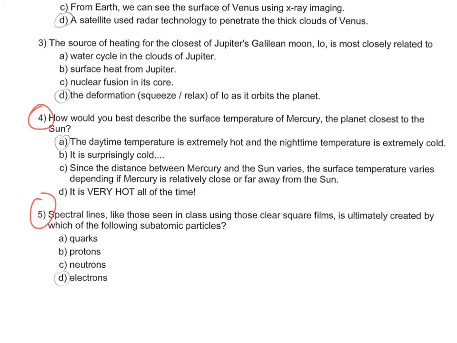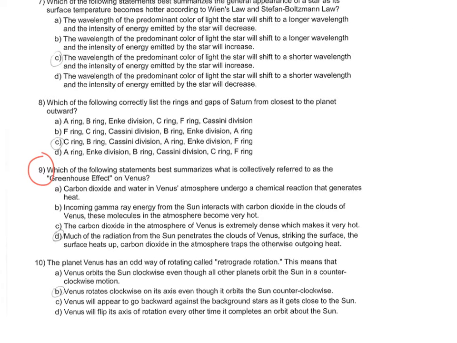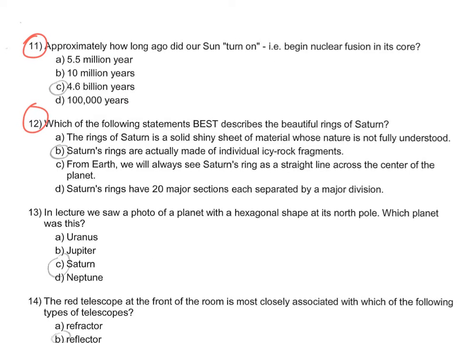So on to your Unit 2 exam. I picked 2 on the first page, 4 and 5. These are multiple choice questions again. And then on the next page, question 9. And then on the next page, questions 11 and 12, possibly.